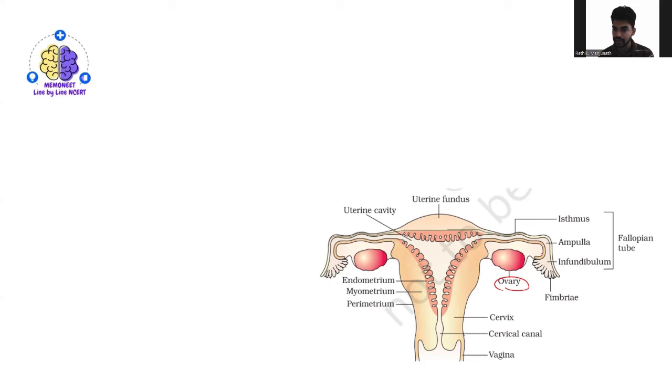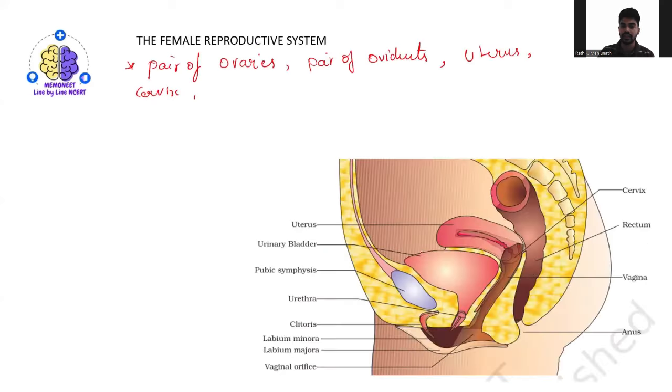Then you have the cervix, the uterine cavity, the uterine fundus, the cervical canal, and the vagina. Even the external genitalia, which are located in the pelvic region. These are the things you are going to see in the female reproductive tract.